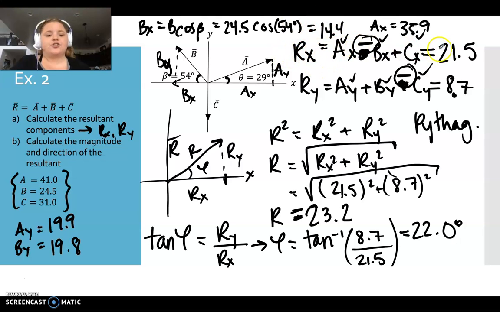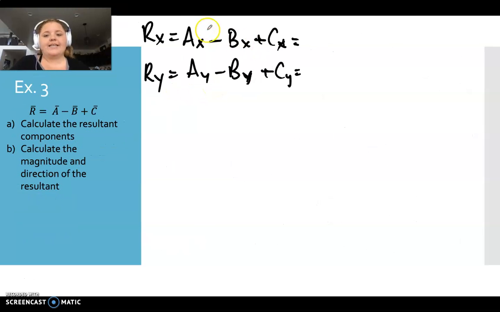So in our x direction, c sub x is 0, a sub x was positive, and b sub x is actually negative. So in this case, we'll have our a sub x and a negative b sub x magnitude, plus 0.